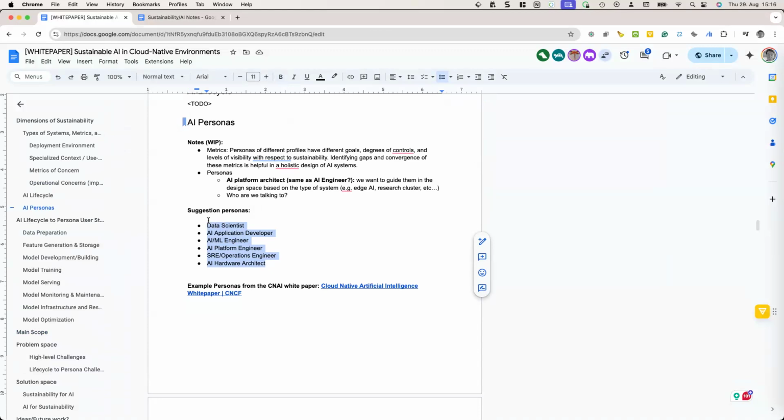We have some places describing some of the personas, but I think it makes sense to add them either in the glossary of this paper or describe them here. So yes, we will need to flesh out the definition of these personas. So who wants to take that?